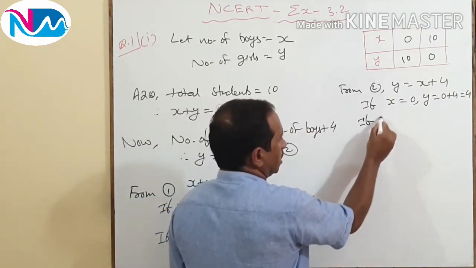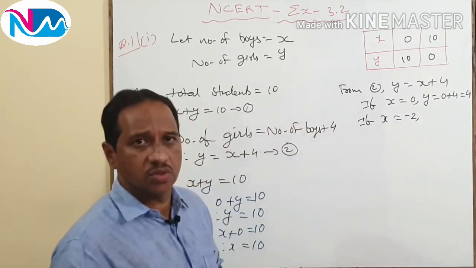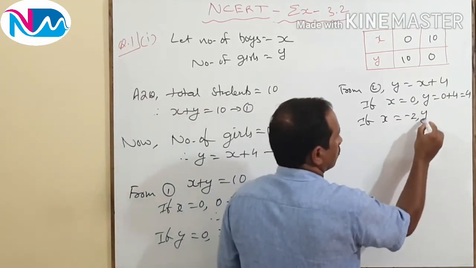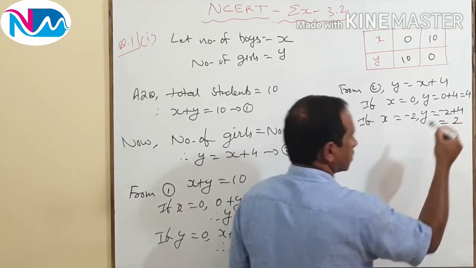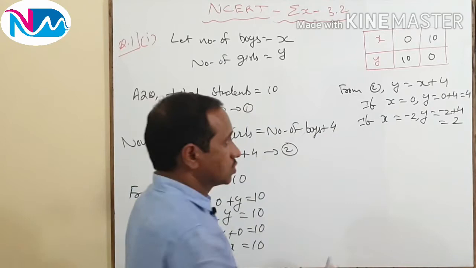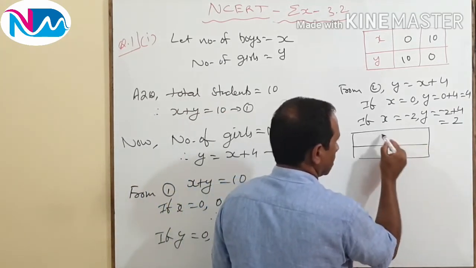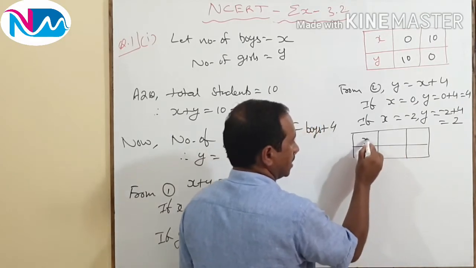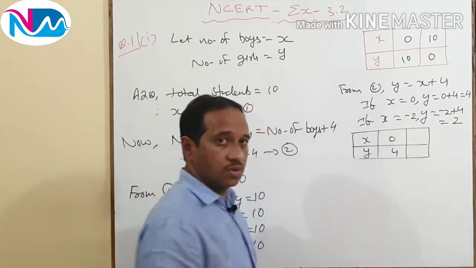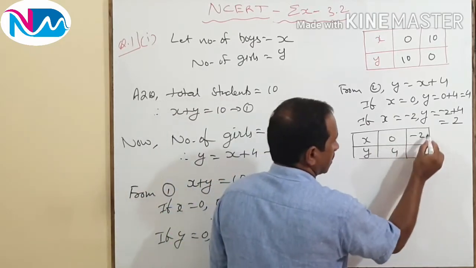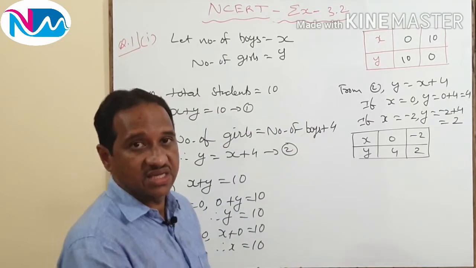And if x is equal to minus 2, then y is equal to minus 2 plus 4, which is equal to 2. So the two solutions can be written in the tabular form. And they are, if x is equal to 0, y is equal to 4, and if x is equal to minus 2, y is equal to 2.